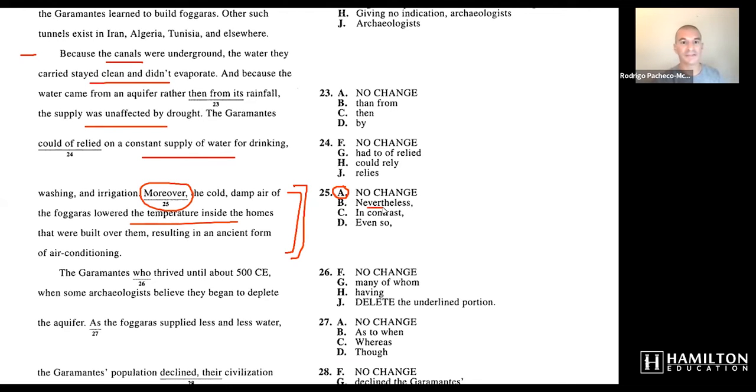B, nevertheless, this is used for concessions, but as we see here, we can almost think of this as a bullet point list of the benefits of these canals. So we can eliminate B. C, in contrast, this is used for contrast. We don't have contrasting information here.